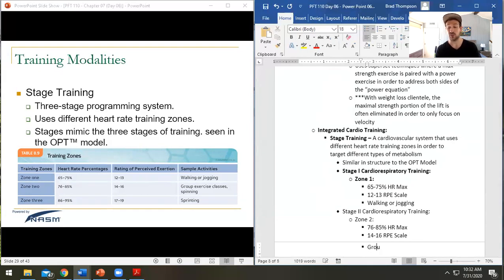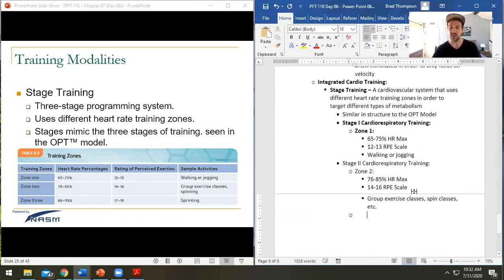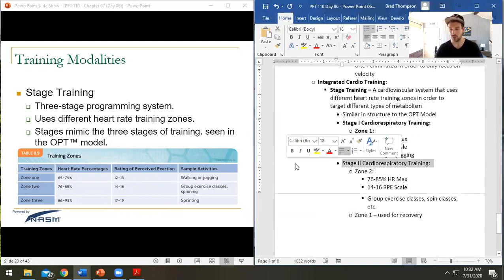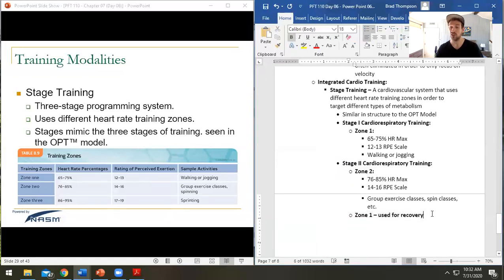And you can think of this as group exercise classes, spin classes, etc., boot camps, things like that. And that's also going to consist of zone 1 for recovery. So stage 2 will actually involve both, not just the ones. You'll often work in zone 2 and recover in zone 1.